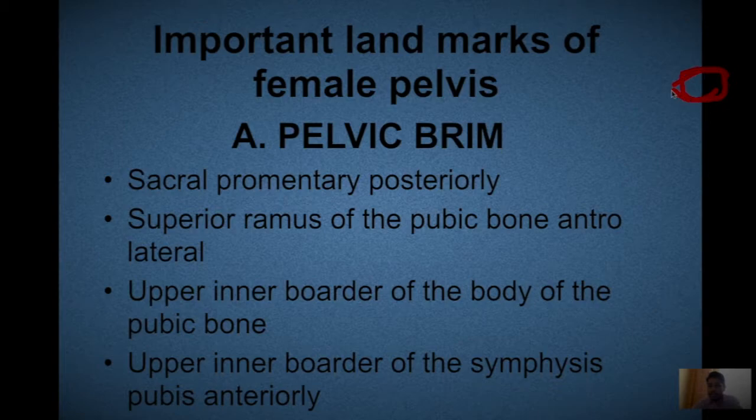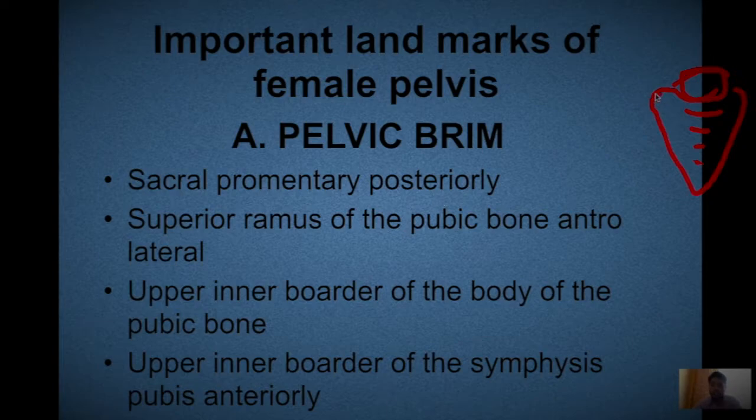This is the first vertebra of the sacrum which protrudes anteriorly. It is not so in later vertebrae which are just unbulged. So imagine this as a sacrum. The first vertebra protrudes anteriorly, and this is called a sacral promontory.